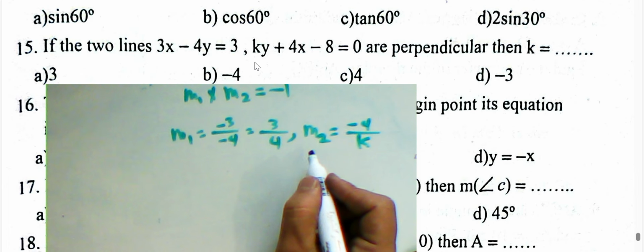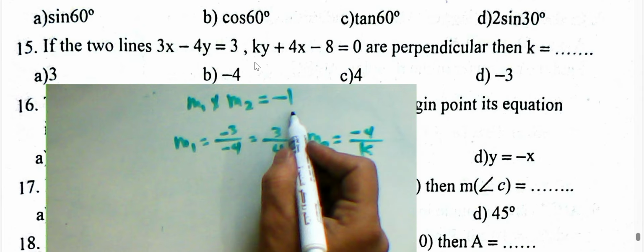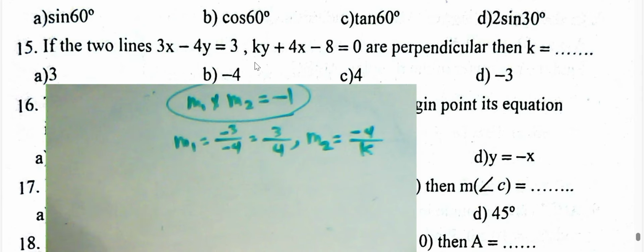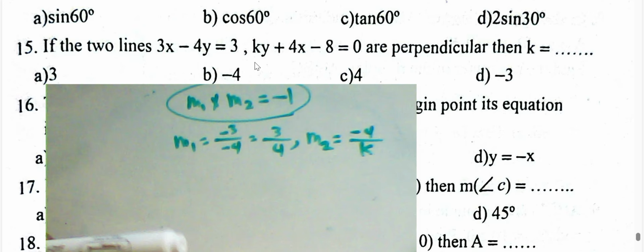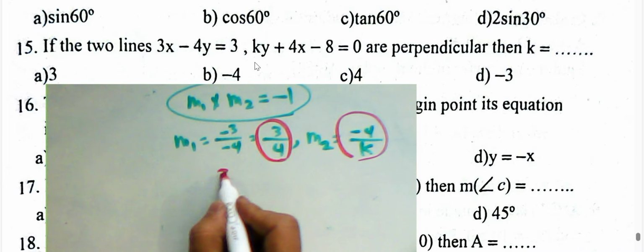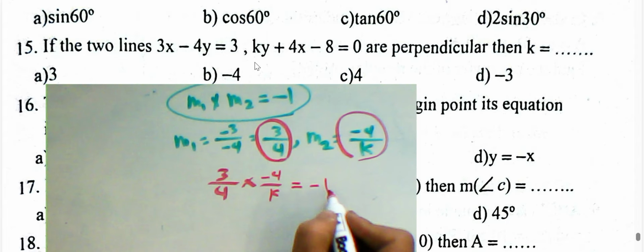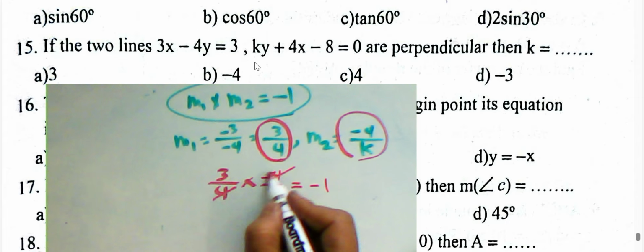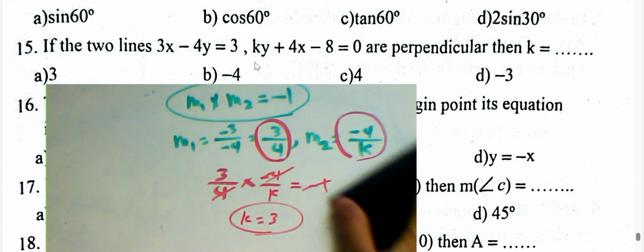M1 and M2, their product equals negative 1, because they are perpendicular. Perpendicular means slope 1 times slope 2 equals negative 1. Now I will simplify by multiplying slope 1 and slope 2 together: 3 over 4 times negative 4 over k equals negative 1. We can simplify, then the value of k equals 3. Choose letter A. Next question.